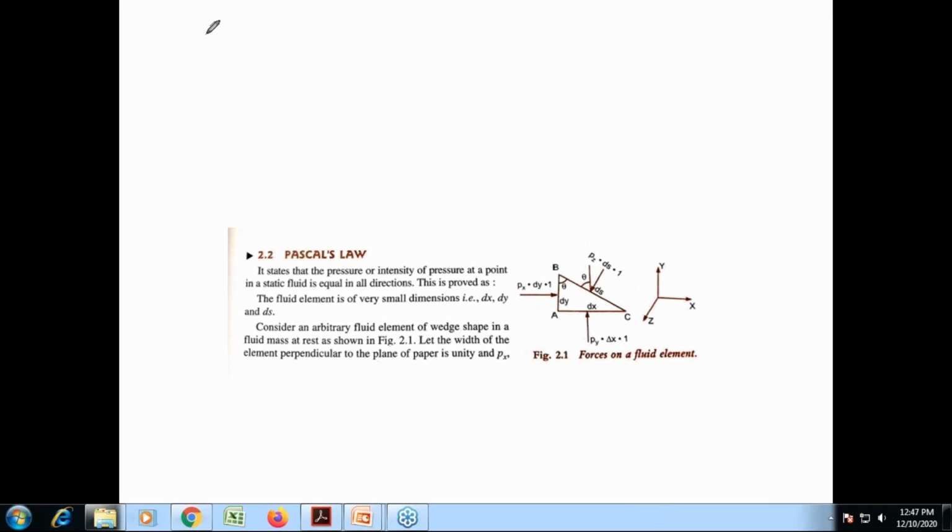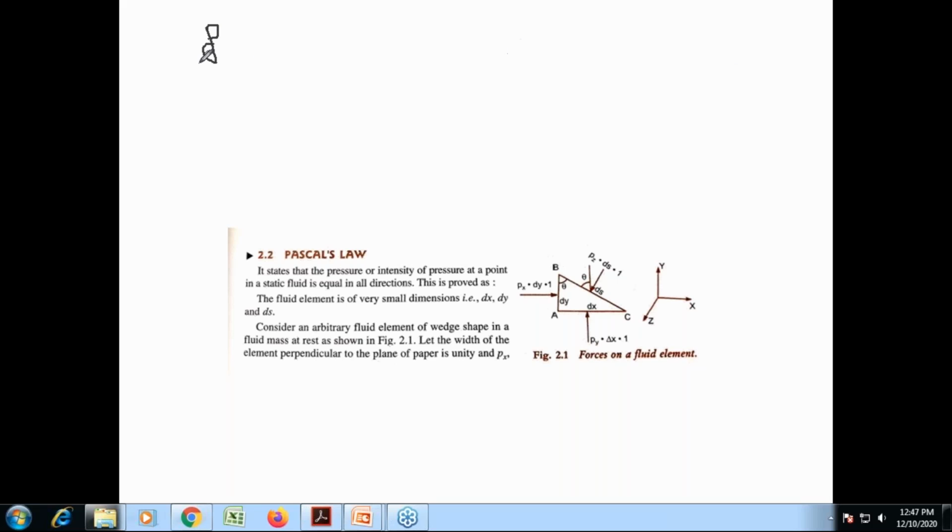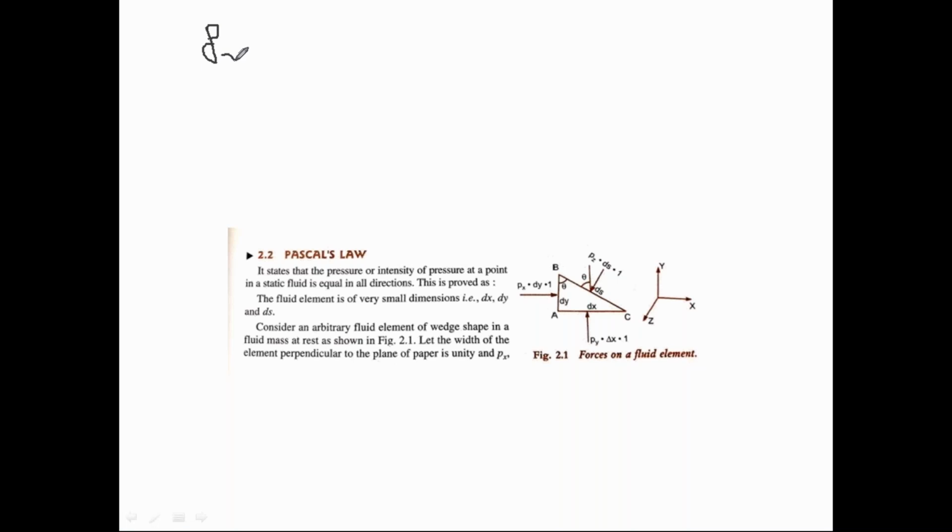Intensity of pressure, that is P; in the previous slide I explained this. So if I'm considering 3D, then this is the intensity of pressure in X direction, this is the intensity of pressure in Y direction, and this is the intensity of pressure in Z direction. That is nothing but intensity of pressure remaining constant, or equal, in all directions. That is nothing but which law?